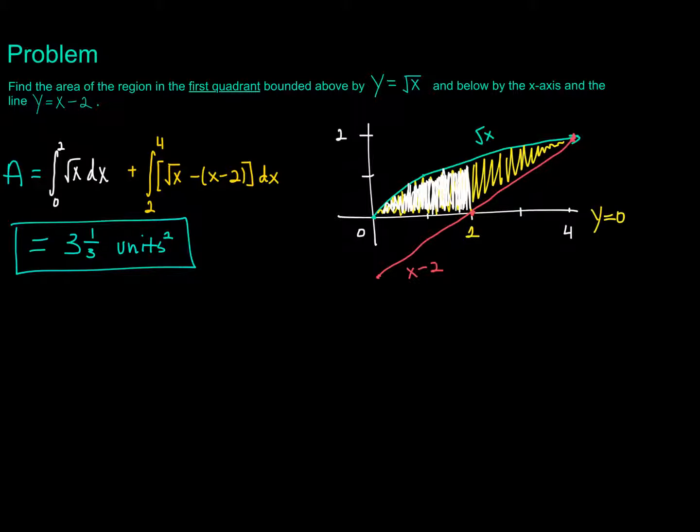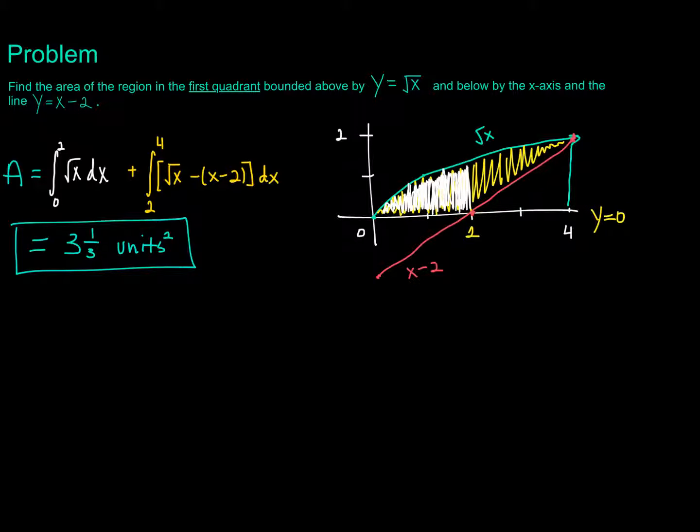Now I mentioned there are a couple of other ways to do this, so let's take a look at another way where you simply are looking at the problem a little bit differently, and I think it actually makes it a little easier. Imagine that you continued on taking the area underneath the curve square root of x that is above the x-axis. Notice that you'd get too much area, but that the area that you would need to get rid of to have the area you seek is simply a triangle.